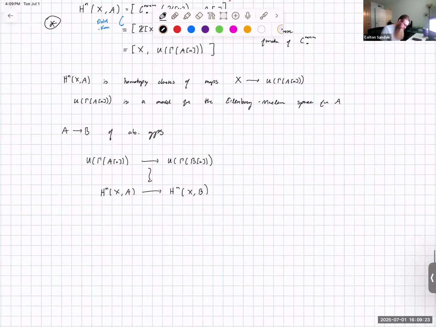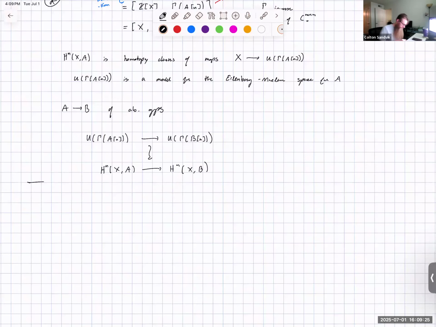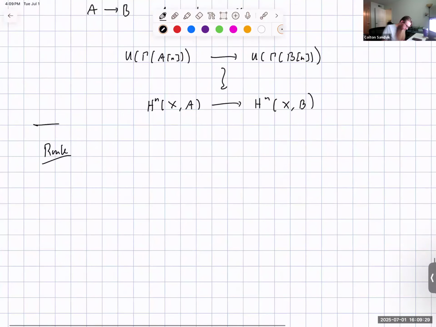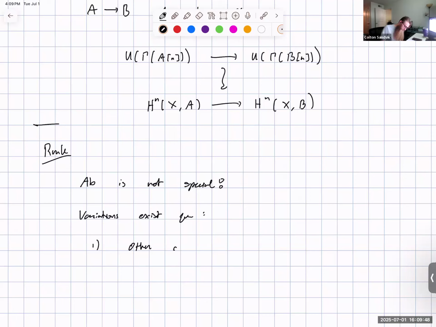And maybe I'll also give a quick remark that abelian groups is not very special. Variations exist for other abelian categories.